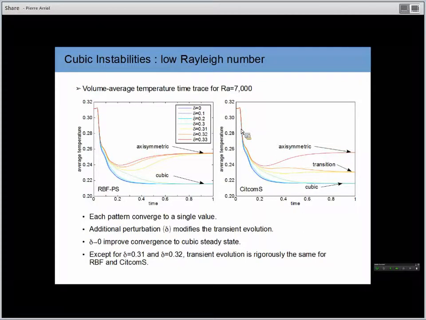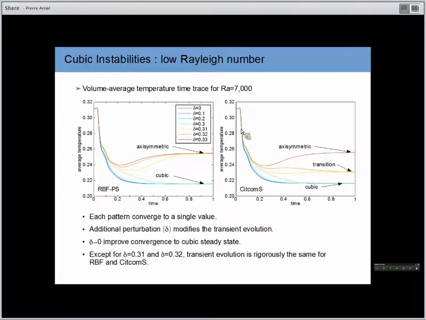We didn't observe these transition patterns for RBF and ASPECT, and we also never observed this kind of pattern for the other codes or other simulations. So it might be possible that this kind of transition pattern is something like an artifact generated by the discretization method in CitcomS.